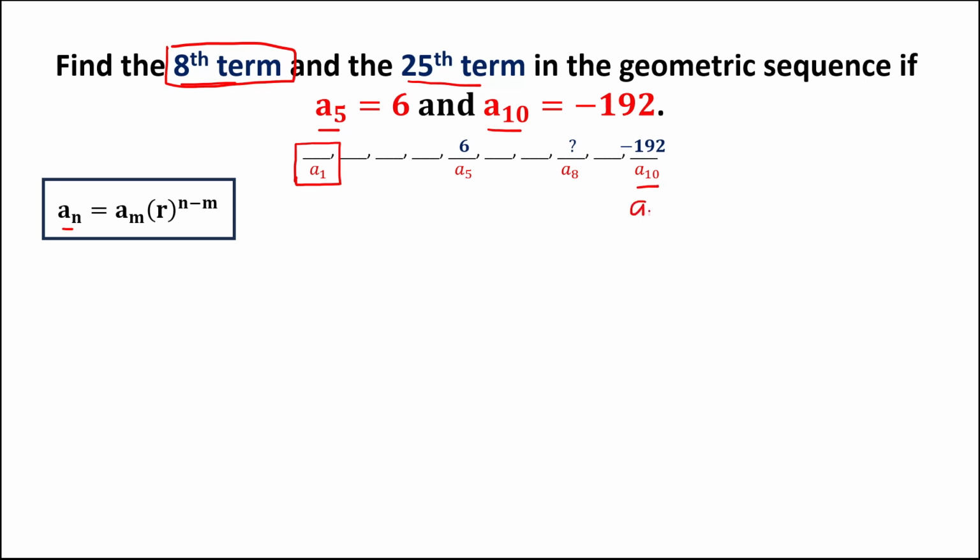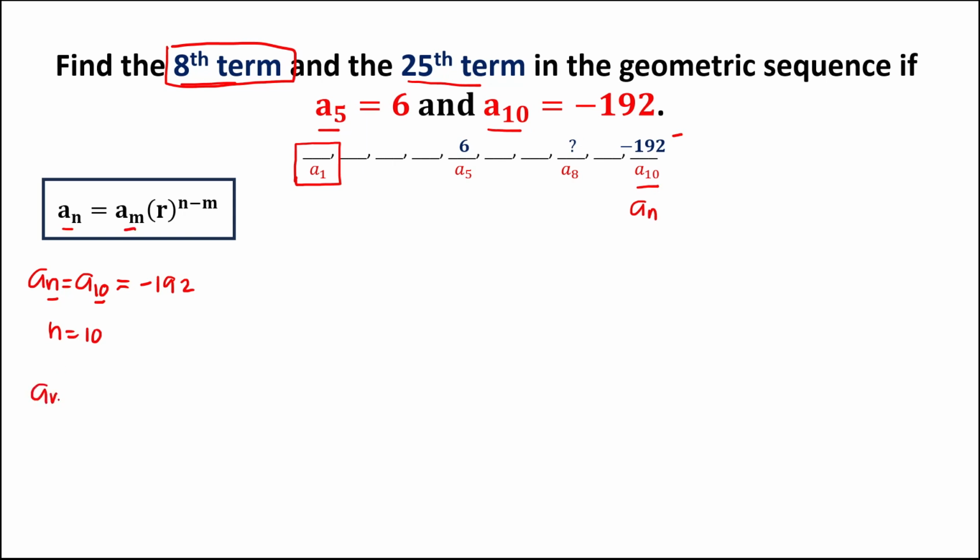So a sub n is equal to a sub 10, and this is equal to negative 192. Therefore, n is equal to 10.